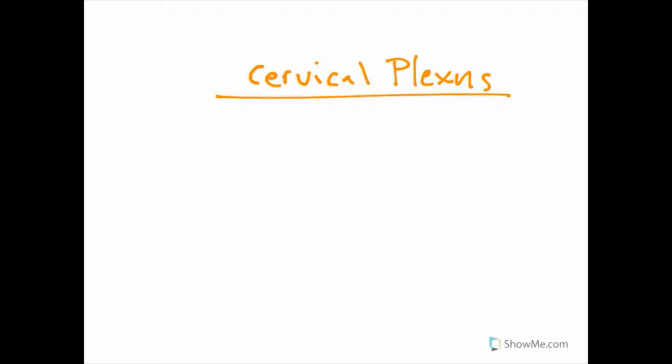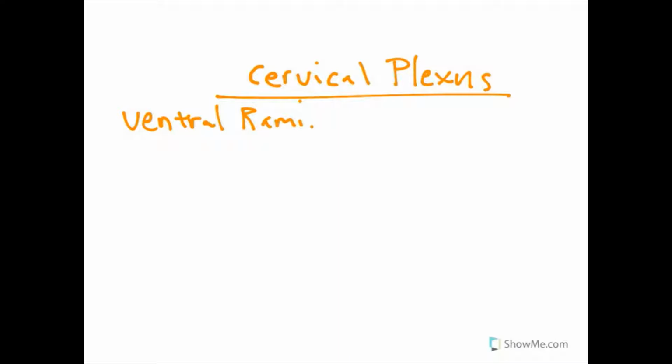So we're going to start off with cervical plexus, and to understand the cervical plexus, I first just want to talk about what the ventral rami are. So it is made up of ventral rami. We often call these ventral rami roots, because you probably are familiar with roots, trunks, divisions, cords, and peripheral nerves, or branches that come off the nerve plexuses.